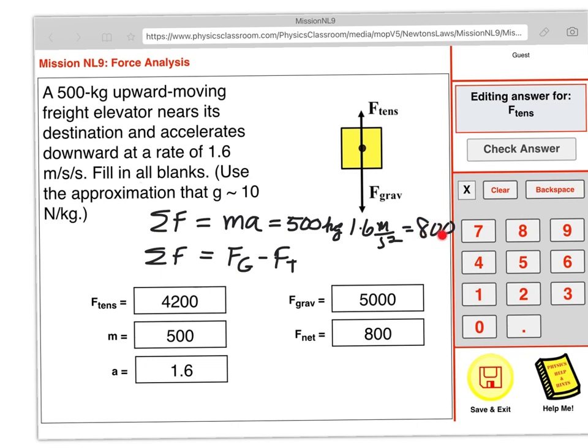There's a net force down. I'm not putting in a negative number. I hope that's right. And the tension force has to be the difference between the two. But strictly speaking, the gravity force is down, the net force is down, and this is positive. Let's just see when I check it if the numbers get rejected for not having the negative signs.